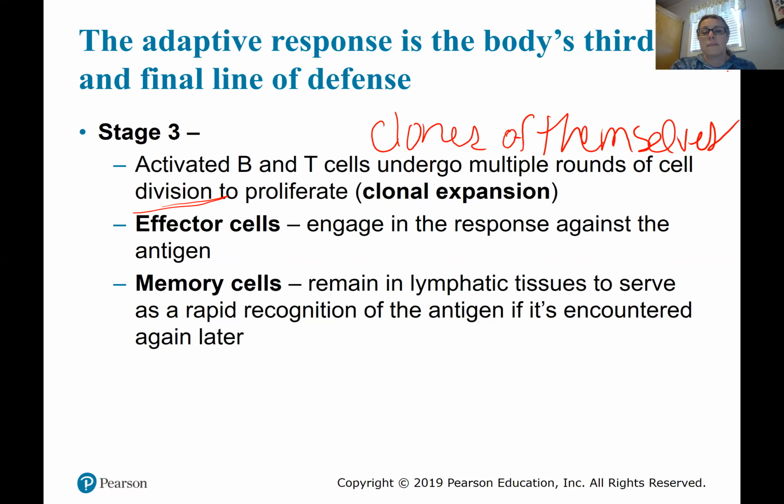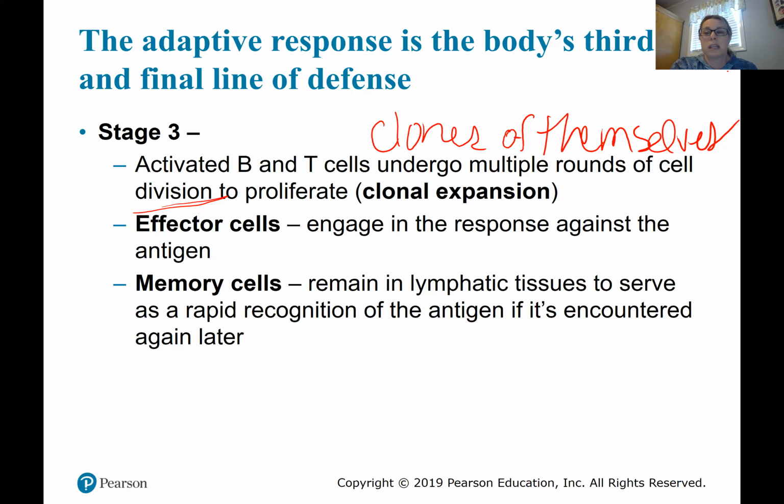Okay, because each of these T cells and B cells can only identify one type of antigen. Okay, so if there is an E. coli infection, we want to make sure we have a lot of T and B cells that can fight this particular antigen-bearing E. coli.